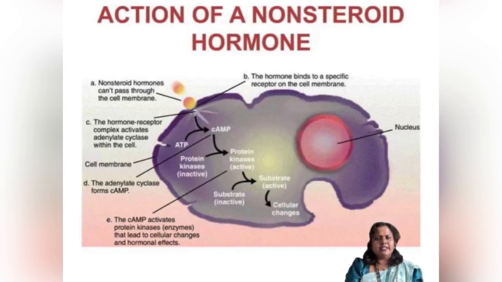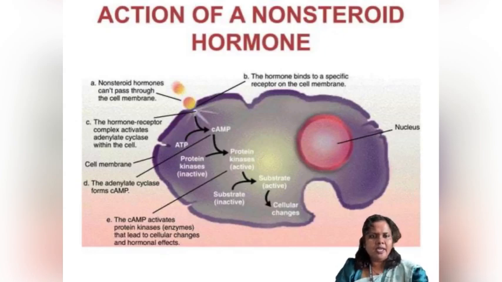See, this shows the action of a non-steroid hormone. Here in A, we can see that non-steroid hormones cannot pass through the cell membrane. In the second stage, the hormone binds to specific receptors on the cell membrane.